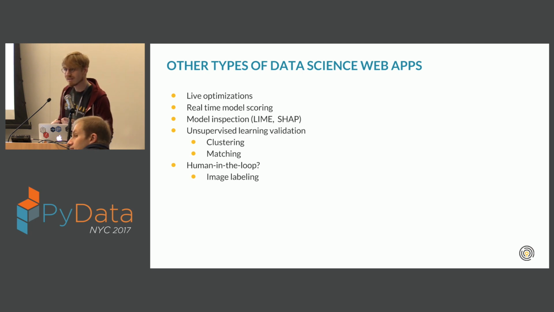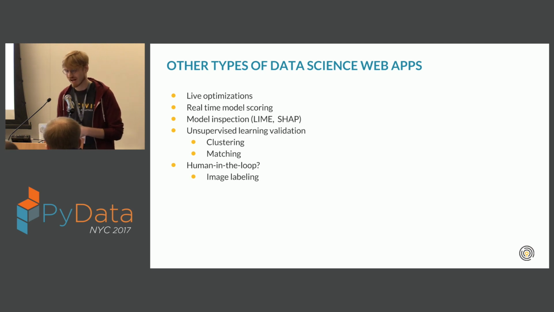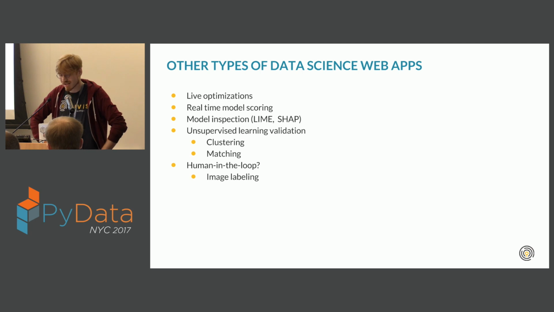In the back? You said there's no standard for Python yet. What would you say is the front runner, or what do you think will become the standard? I don't know. This is tough, and this is actually the biggest reason why we even started looking into this. I don't want to pick one. I kind of think that if something was related to Jupyter, that's what everybody knows. That's the brand name.